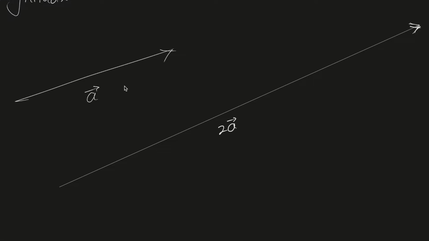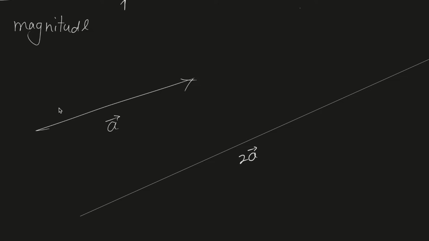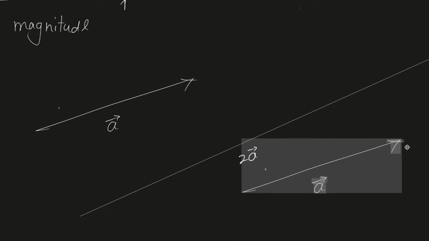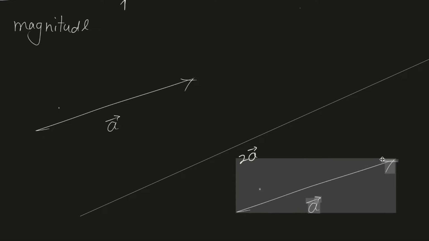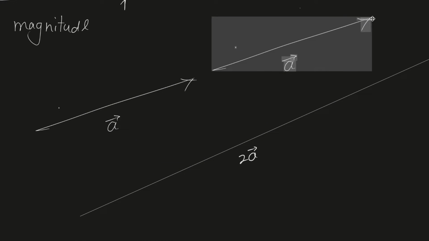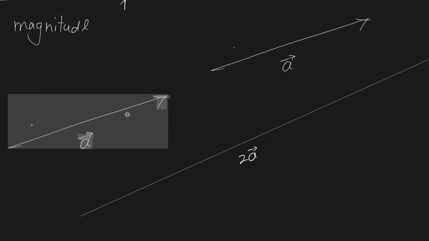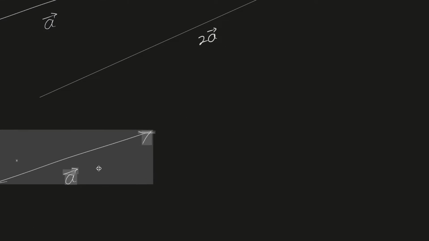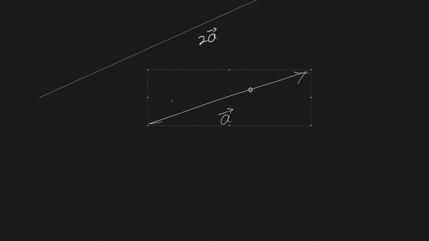You can take this vector anywhere in the plane, and you can place it here also, but all these vectors are the same. This is the a vector only, here also if we place it, it is the a vector only.